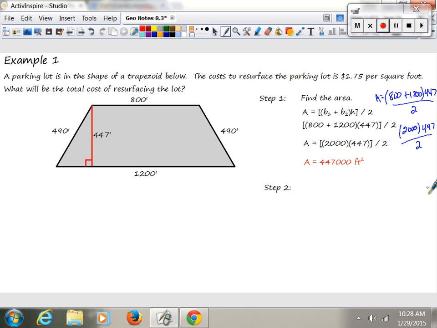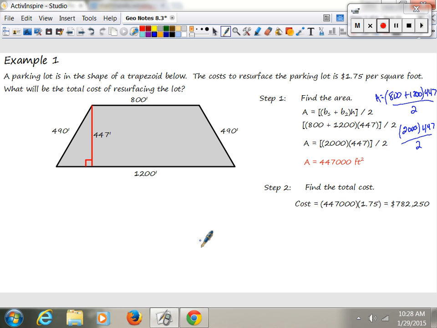Now each one of those square feet, and there's a lot of them, there's 447,000 of them, each one of them is $1.75. So to find the total cost, step 2, you're going to need to multiply the 447,000 times $1.75, which is $782,250.